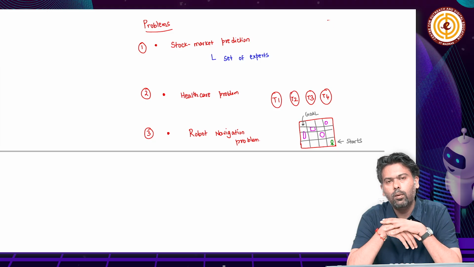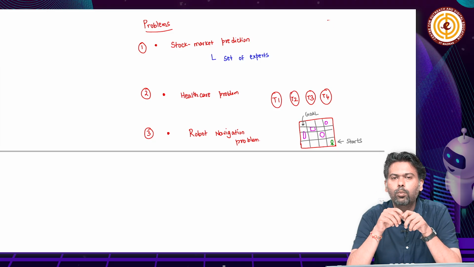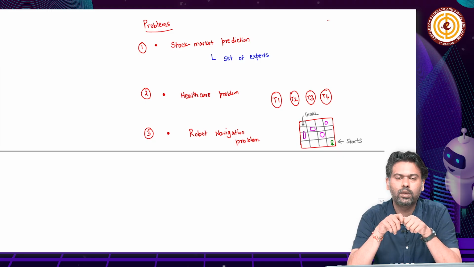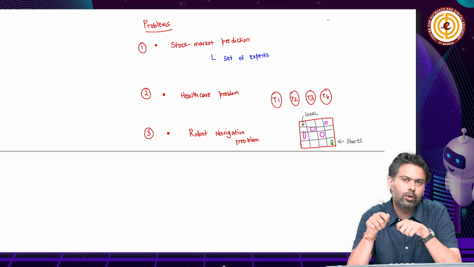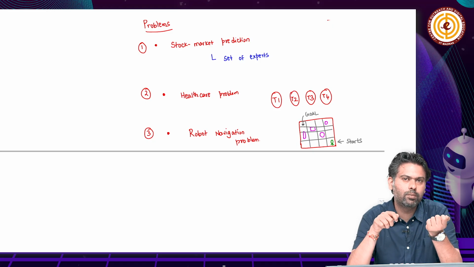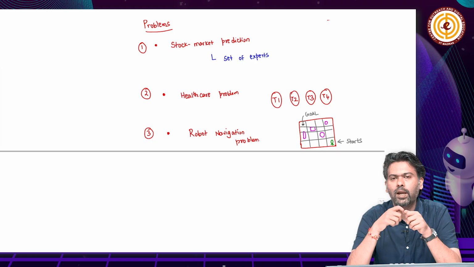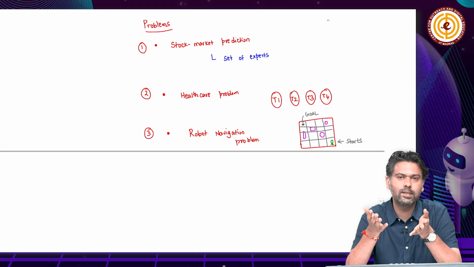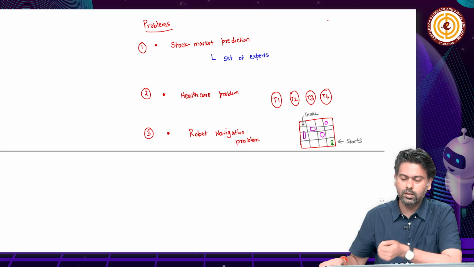Now, what can the robot possibly do? Well, the robot has certain actions that it can take. For example, it can move one step forward, or one step left, one step right, or one step back. Now, not all these actions are possible in all grids.